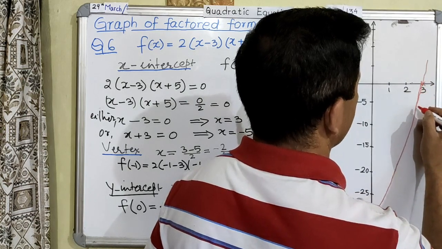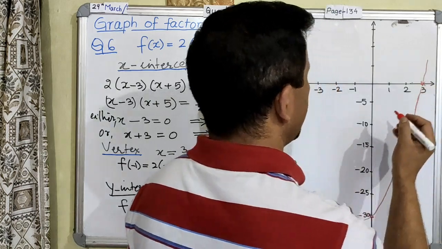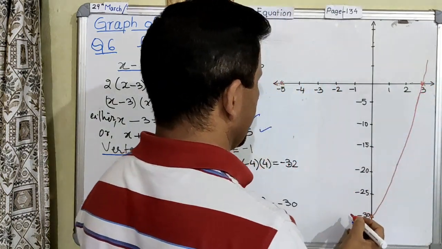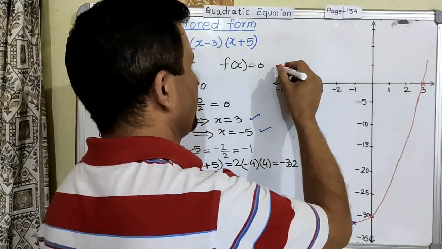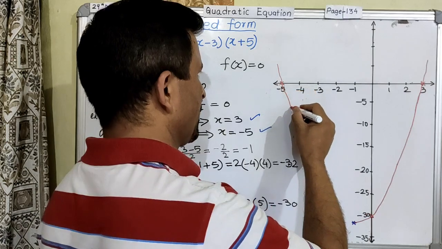We have to join this with a free hand. Okay. And this side also similarly. We can join this side also.